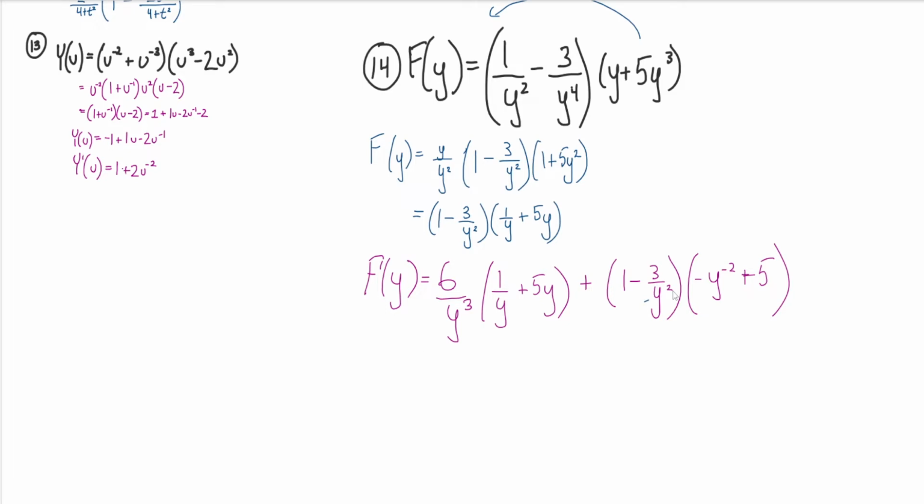Okay, so maybe we expand this, make it nice and pretty. All right, so 6 over y to the 4 plus 30 over y squared plus, now this one we're going to have to FOIL. We have some y to the negative 2 in both.